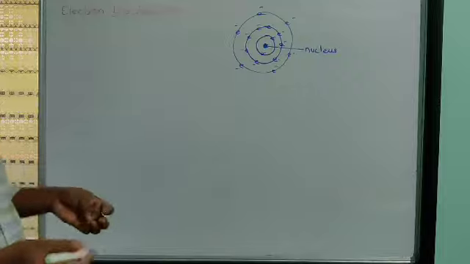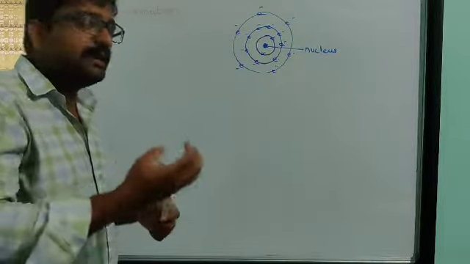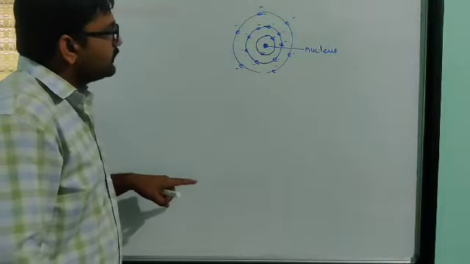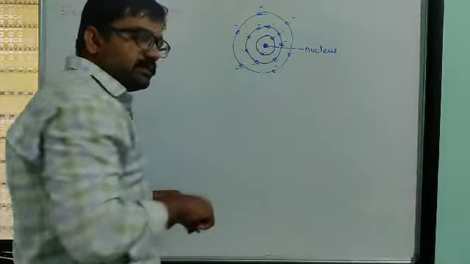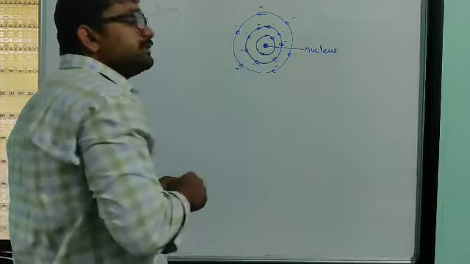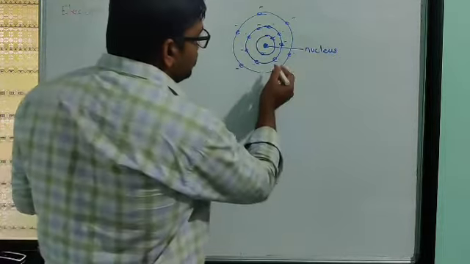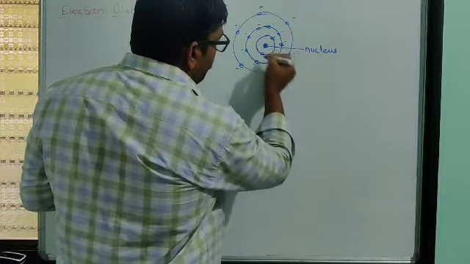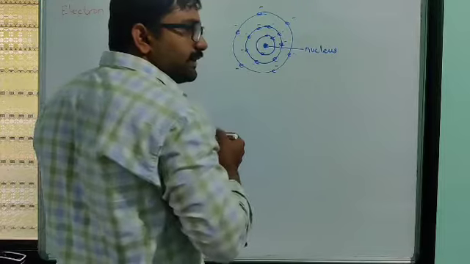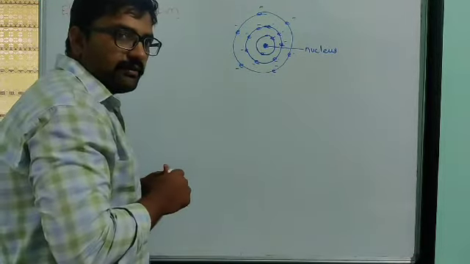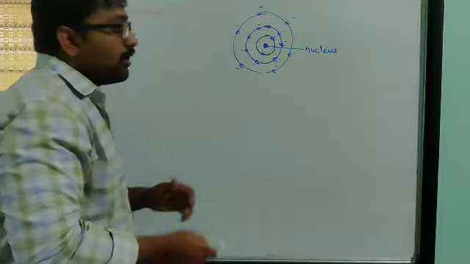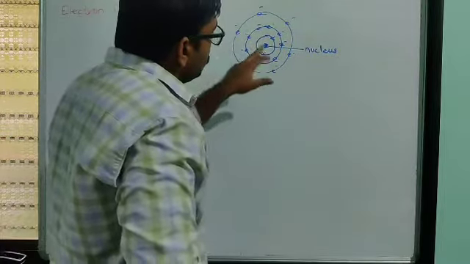Whatever number of electrons is present inside one particular atom, do all electrons revolve in only one path? Suppose 10 electrons are there, do all 10 revolve in the first path, or out of 10, 4 or 5 or 6 electrons? Actually, not all electrons revolve in one path.